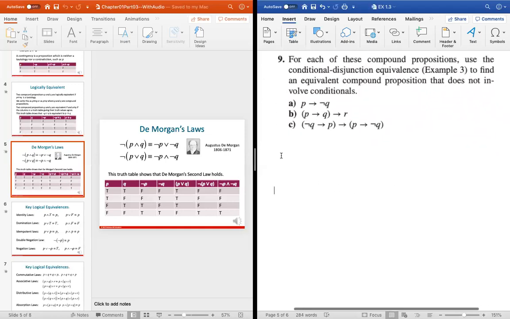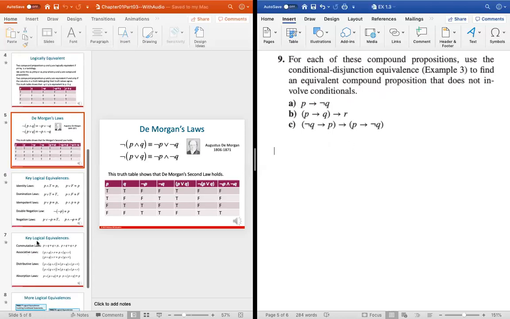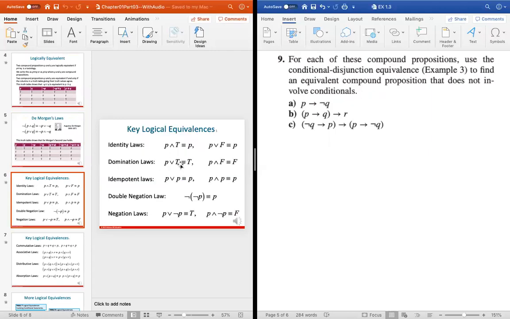For each of these compound propositions, use the conditional disjunction equivalences, example 3, to find an equivalent compound proposition that does not involve conditional. Basically, what we have to do here is use some of the equivalences. On the left hand side, there are some equivalences. We have to use those and simplify these statements over here.